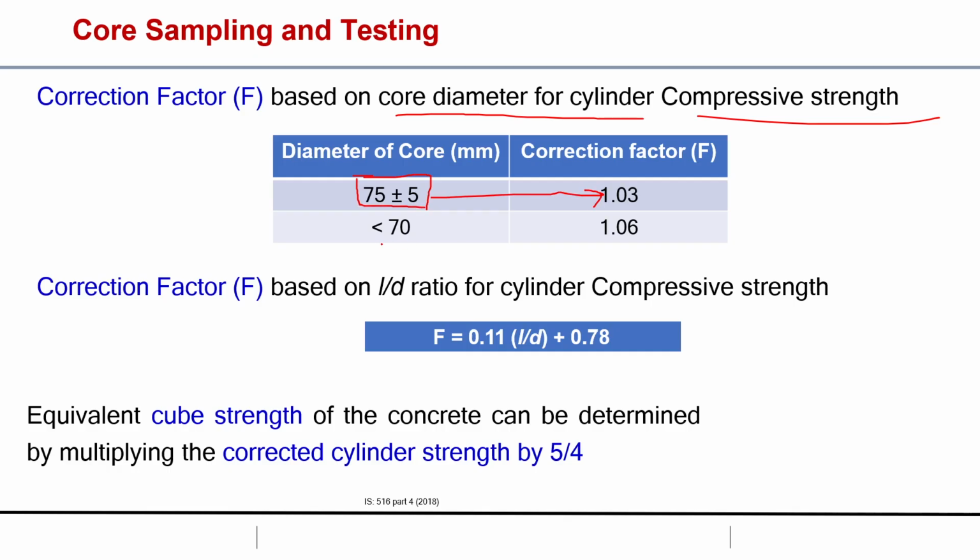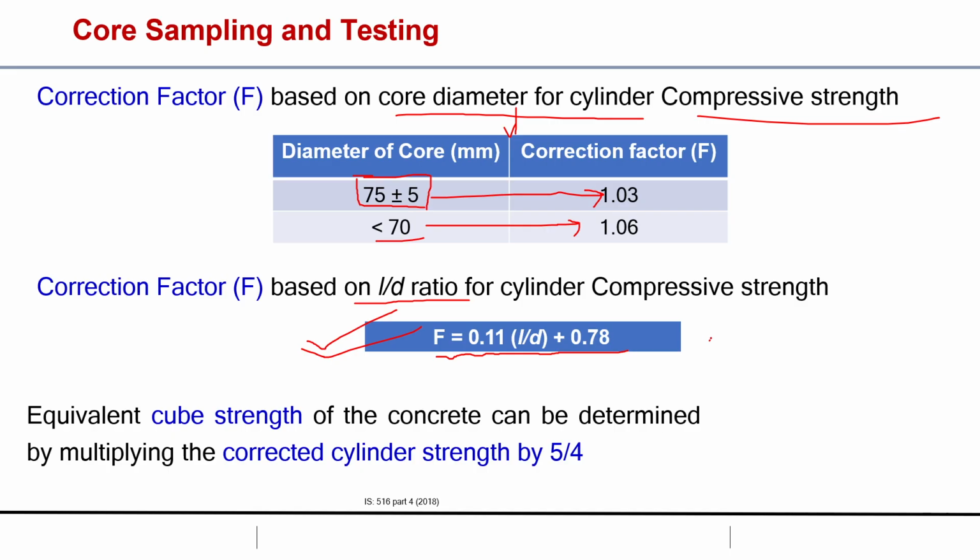And if the diameter is less than 70, then the correction factor is 1.06. So these are direct, or simply you can use a formula for the correction factor F. This one is basically for diameter, and this formula is basically for the L by D ratio. So the formula is F equals 0.11 L by D plus 0.78.